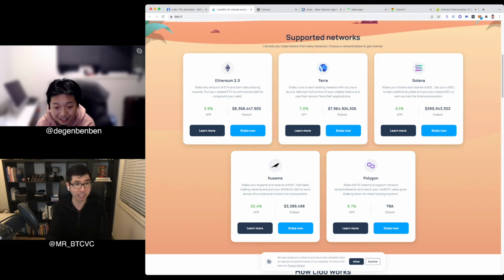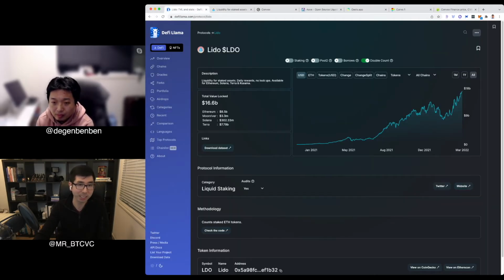You can't just unstake it right away unless you pay a fee. But in some of these, you can't even pay a fee to get it back. It's just locked for a certain amount of time. So that's what liquid staking does. And obviously, there's high demand for it. That's why it can attract $16.6 billion in TVL. It's a lot of money.